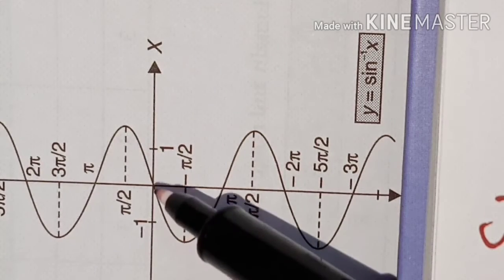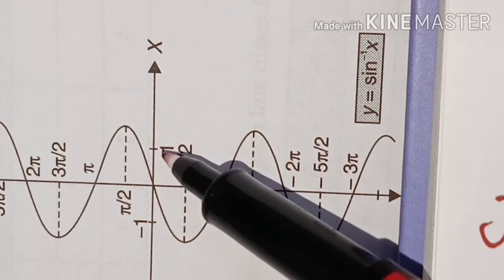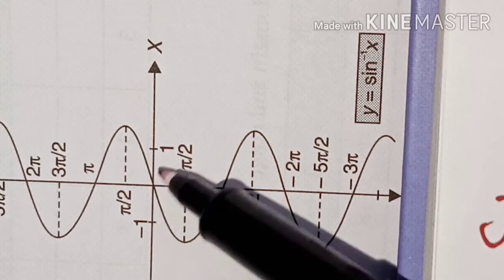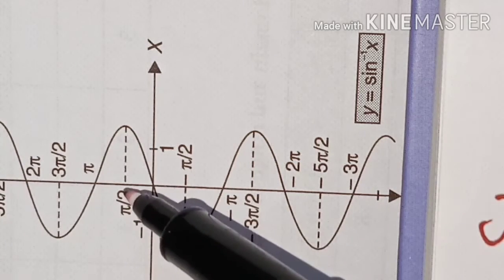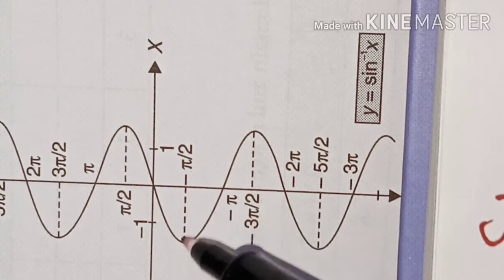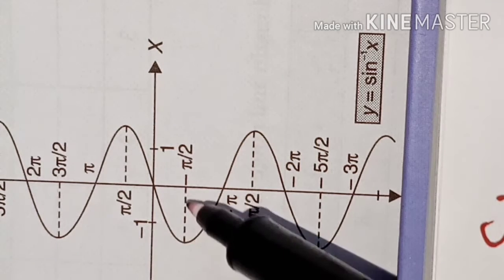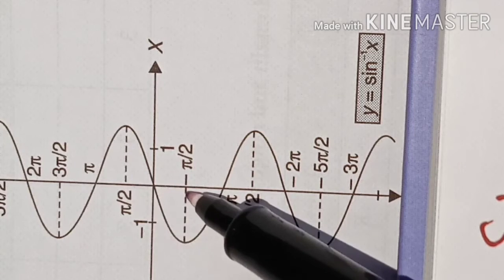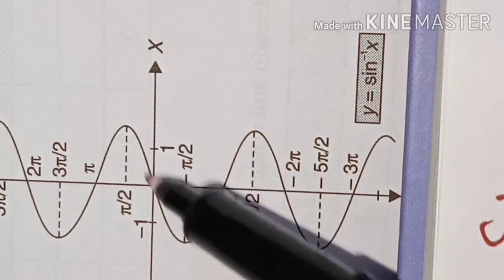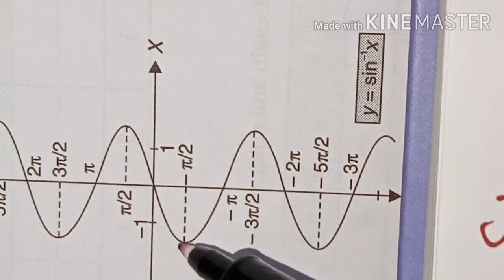Sine inverse is defined on the domain -1 to +1, and its values lie within the principal value branch, that is between π/2 and -π/2. So this is the graph of the sine inverse function.